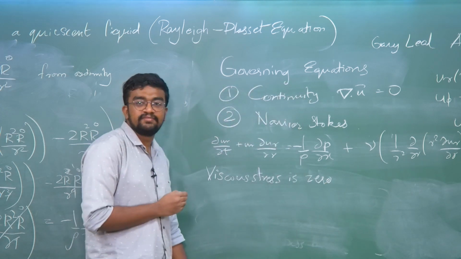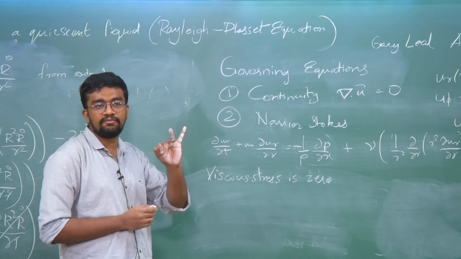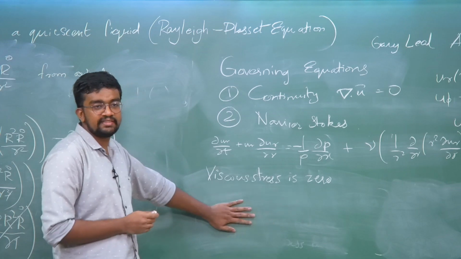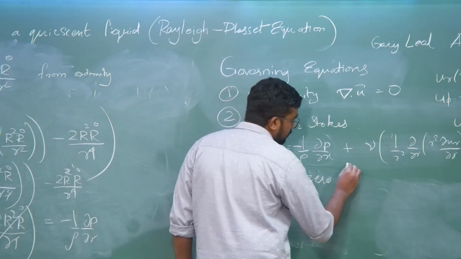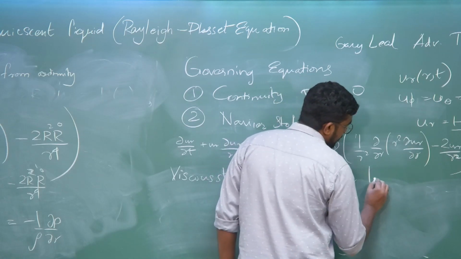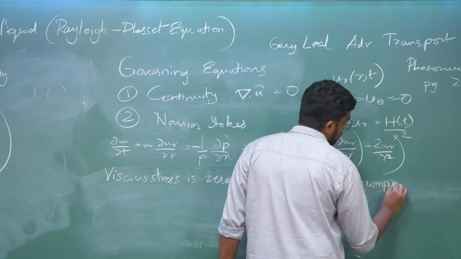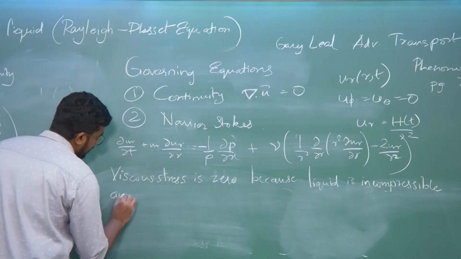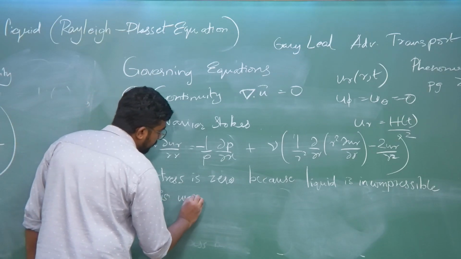because of the assumptions that we made: the fluid is incompressible, and the flow is unidirectional. That is the main reason why the viscous stress becomes 0. So, viscous stress is 0 because the liquid is incompressible and the flow is unidirectional.